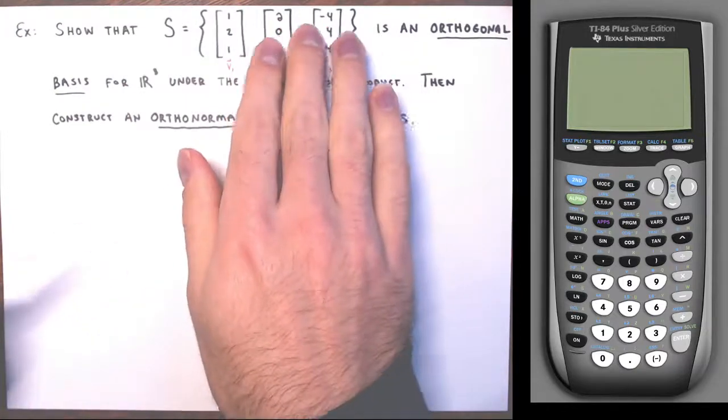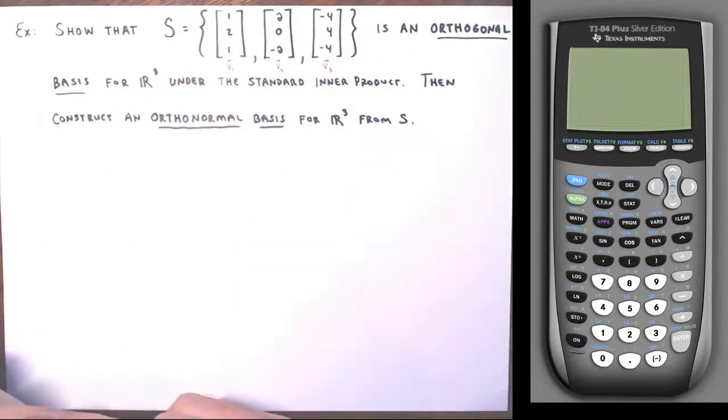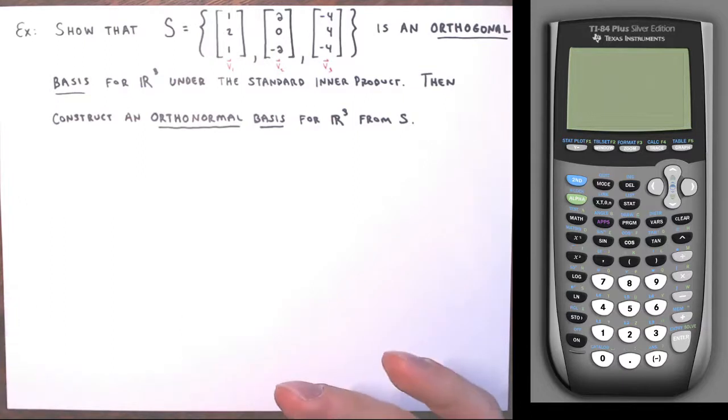To show this is an orthogonal basis for R3 under the standard inner product, I first show it's an orthogonal set, because you can't be an orthogonal basis unless you are an orthogonal set. So let's check the pairs.